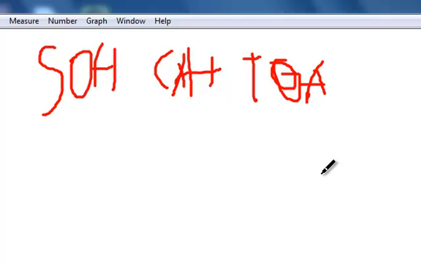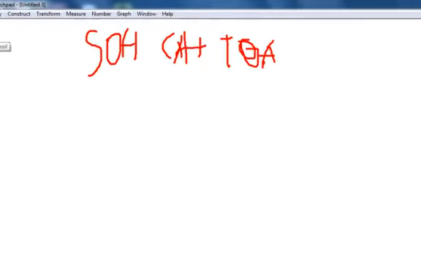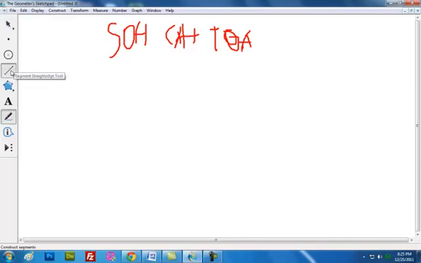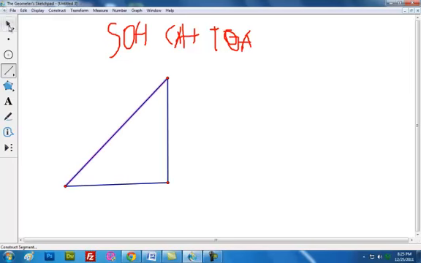This is useful for right triangles when you know one side of a triangle and the angle, but you don't know the other two sides of the triangle. So the first thing I'm going to do is draw a right triangle, and I'll show you what this means and how it's useful.